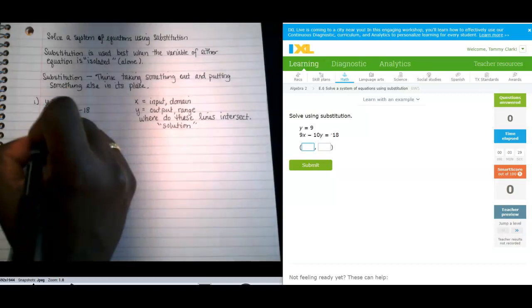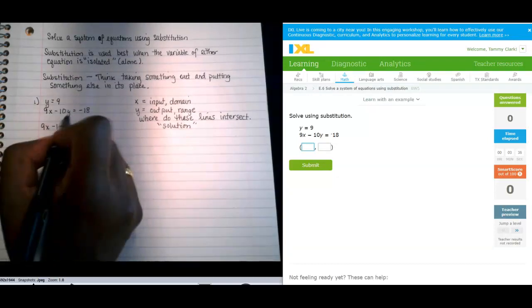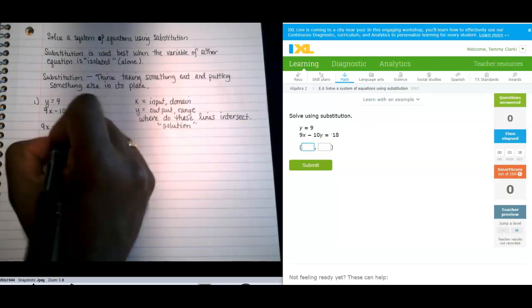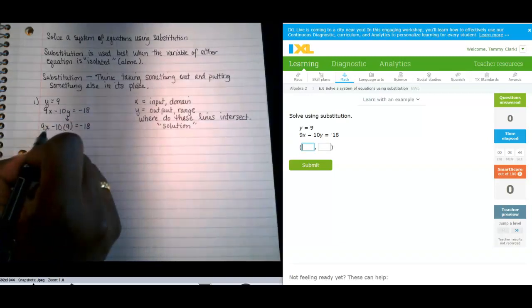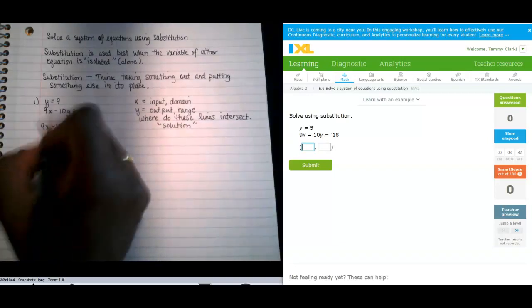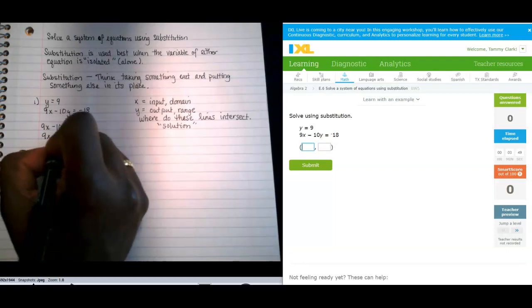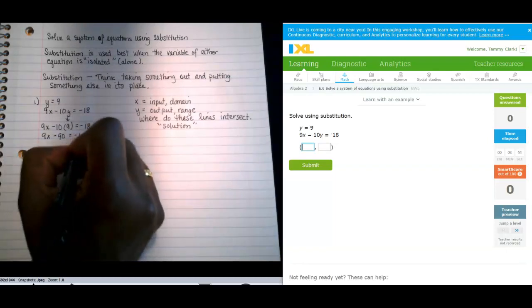So here on this one, I know that y is 9. So I'm going to substitute where I see y, I'm going to put 9 in its place. And now I'm left solving for x. So 9x minus 90 is equal to negative 18.